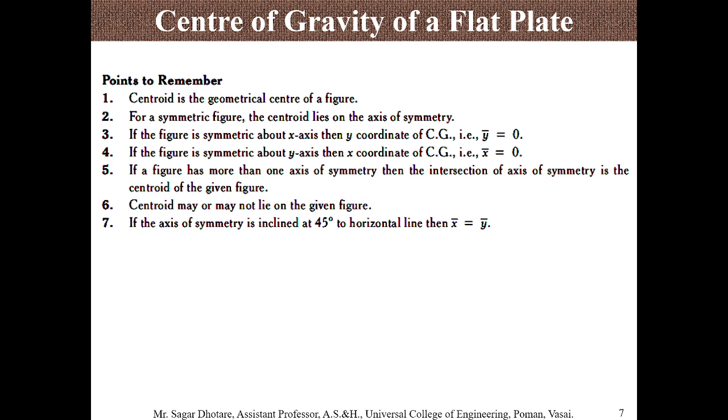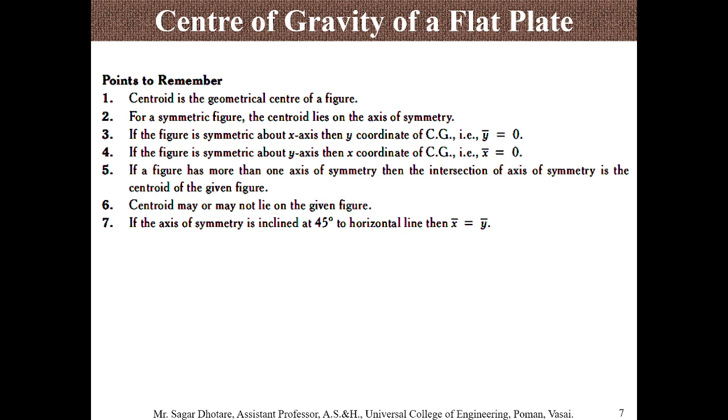For example, if you consider a circle as a geometry, we know the center is at the particular center point. Similarly, you need to understand what kind of geometry it is and where its center is in a figure.